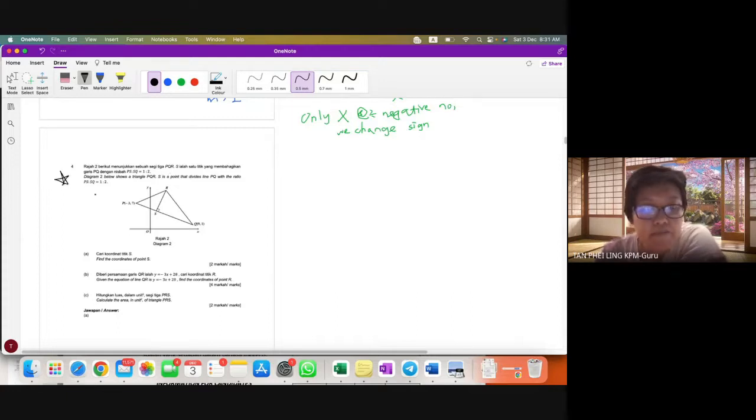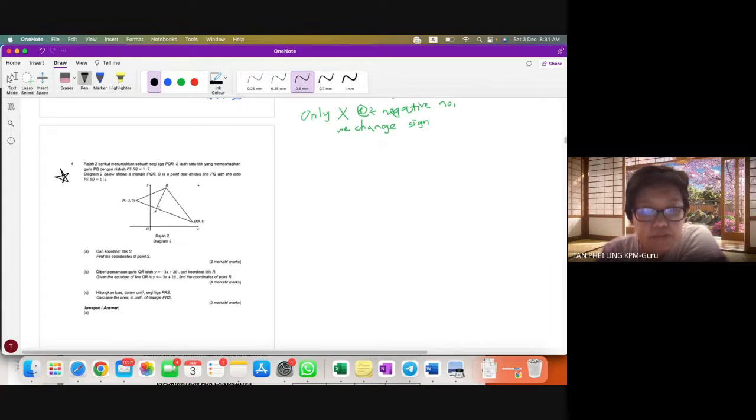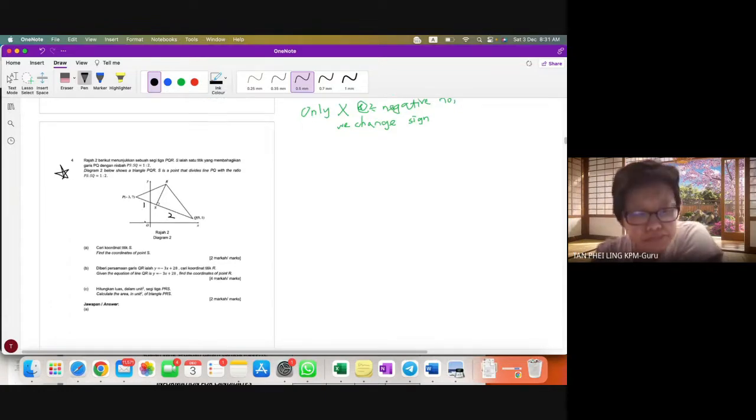Okay, a star here. Now, diagram 2 shows a triangle. S is a point that divides PQ with a ratio of PS to SQ. So where's PS? PS is here. It's taking one part here. And SQ is taking 2 parts. Excuse me, 1:2. Okay.